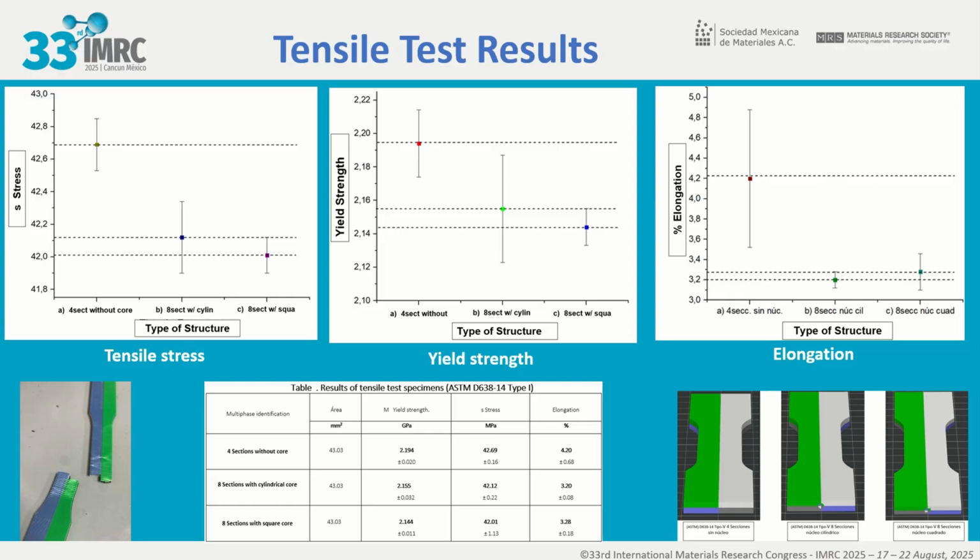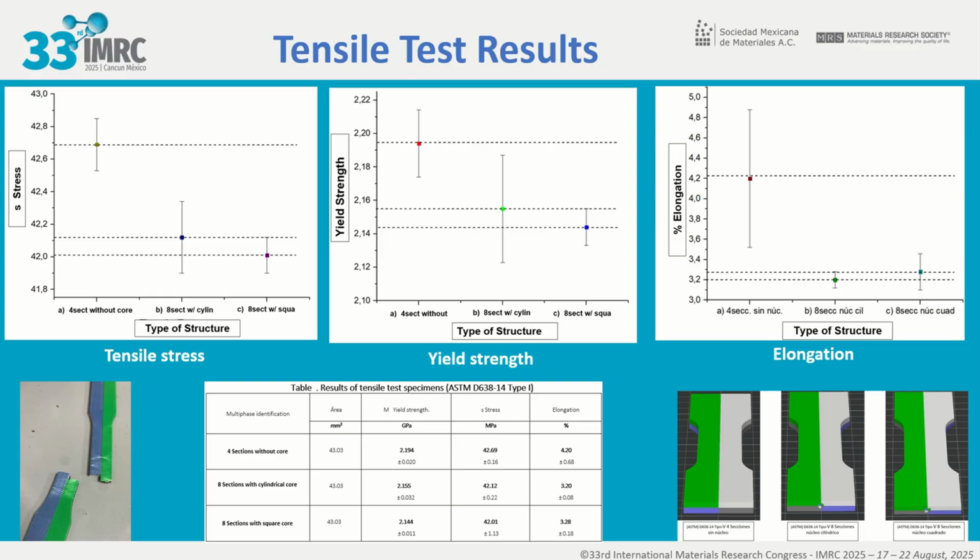In the tensile strength, simple multiphase structures show the highest tensile strength, approximately 42.69 MPa, with the structures with cores showing slightly lower values, approximately 42.11 and 42.1 MPa.